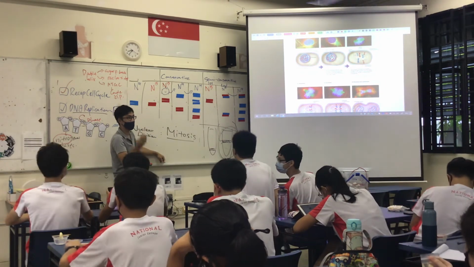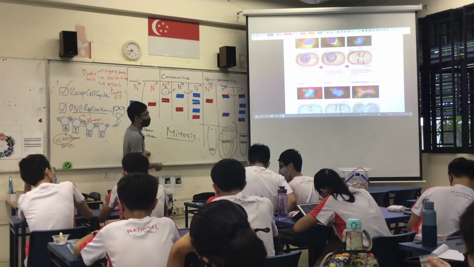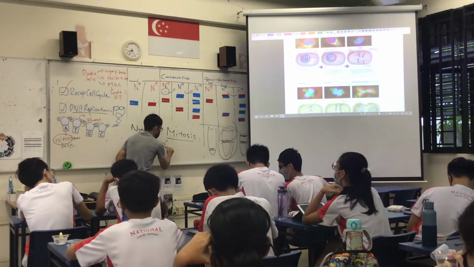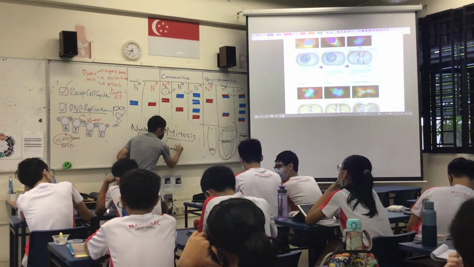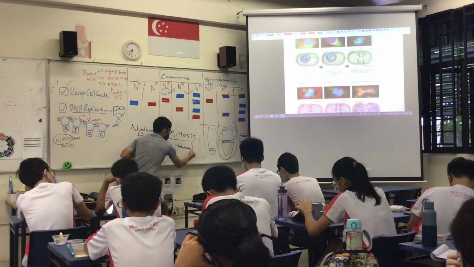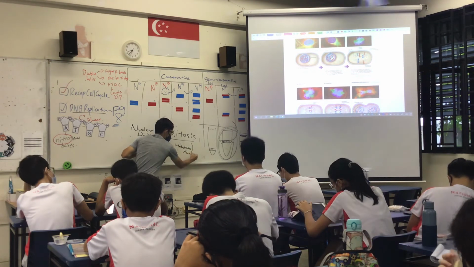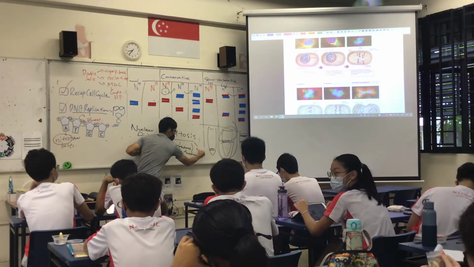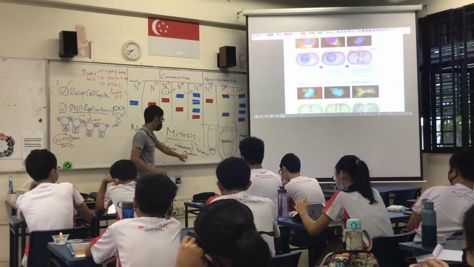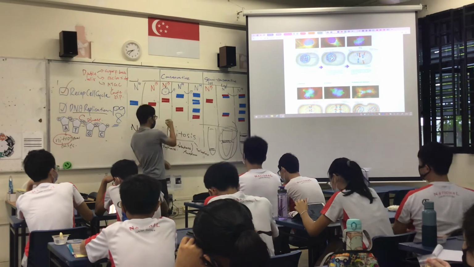Mitosis has a few phases, as you will read on this page. There is a prophase, a metaphase, an anaphase, a telophase. There are 4 phases. TMAT.